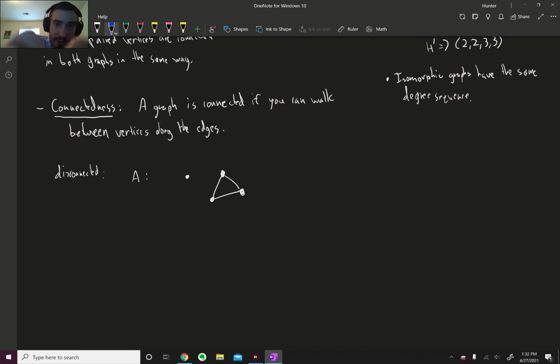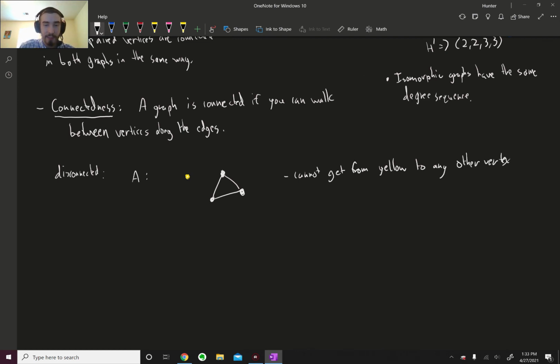We've got this yellow vertex sitting out here by itself, and we cannot get from yellow to any other vertex. And that tells us this is disconnected.